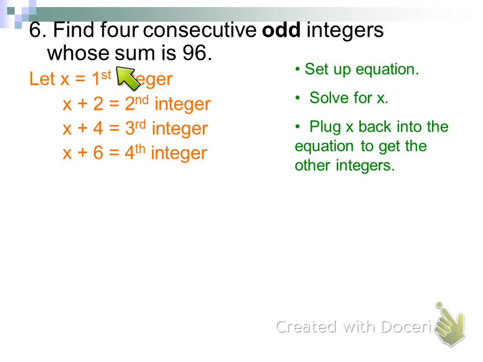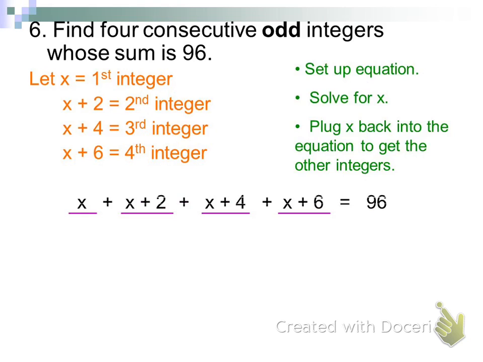All right, again, we want the sum. So what do I do with x and x plus 2 and x plus 4 and x plus 6? So first, what do I want to do? Write an equation. Yeah. X plus 2 plus x plus 4 plus x plus 6 equals 96. You have to write the equation first before you can solve it. But you are correct.